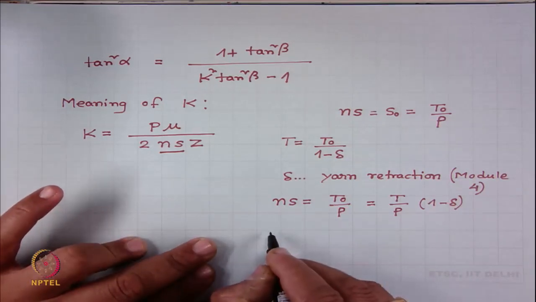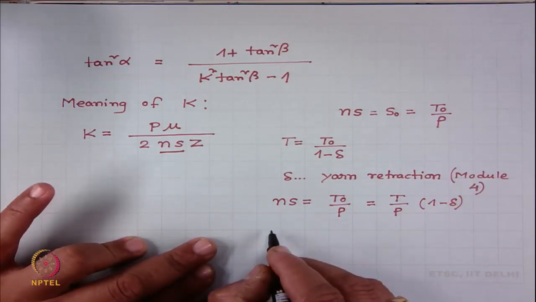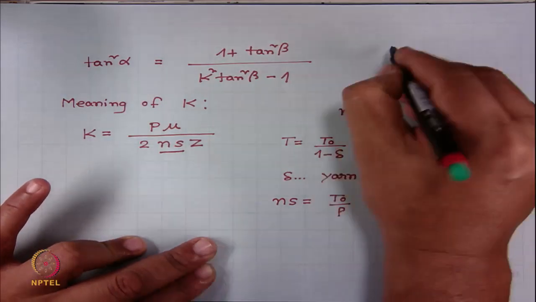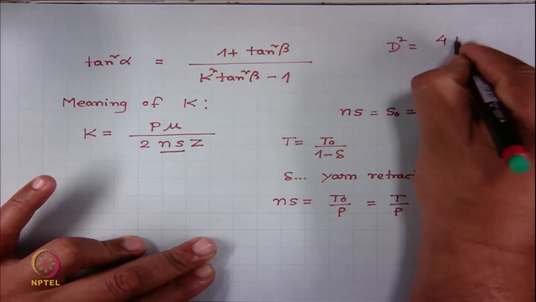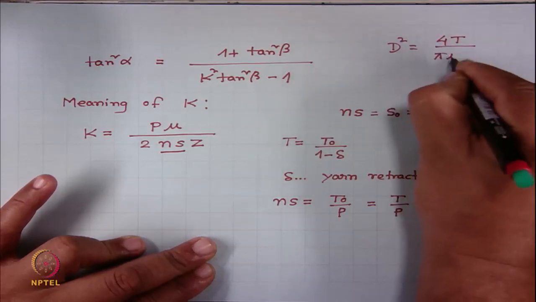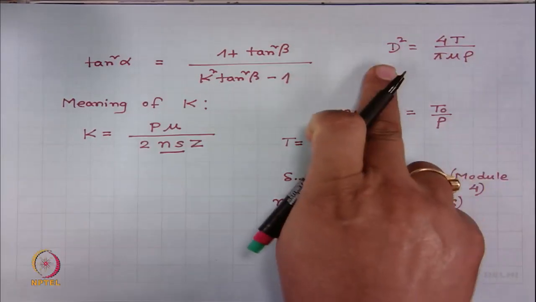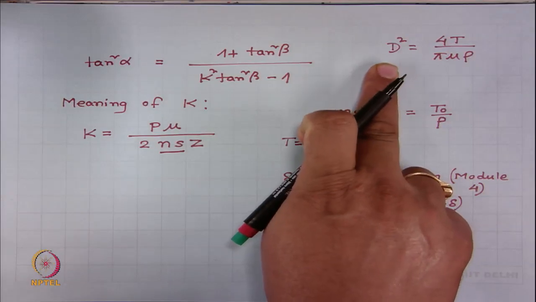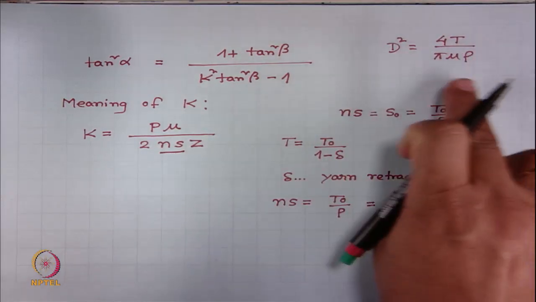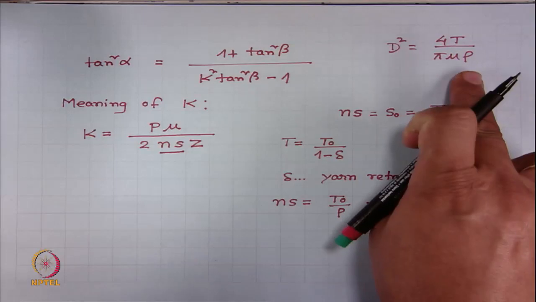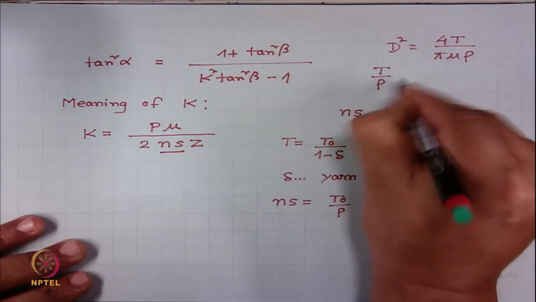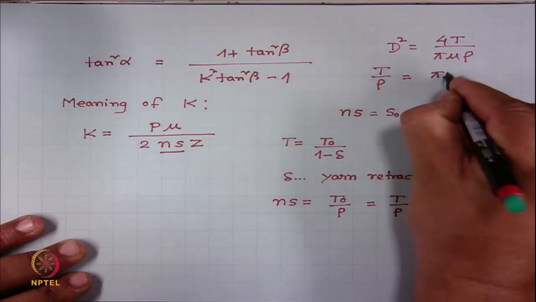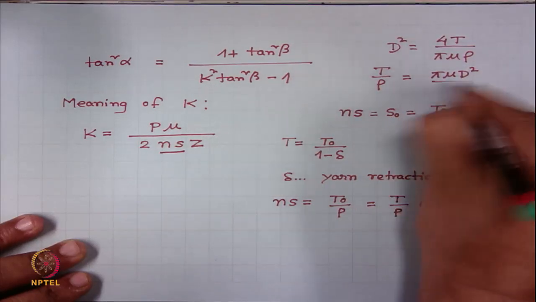We know the basic relation between diameter and fineness of yarn, that is d square is equal to 4 times capital T by pi mu rho. This is yarn diameter d, capital T is yarn fineness, mu is packing density, rho is fiber density. So, T by rho is pi mu d square by 4.